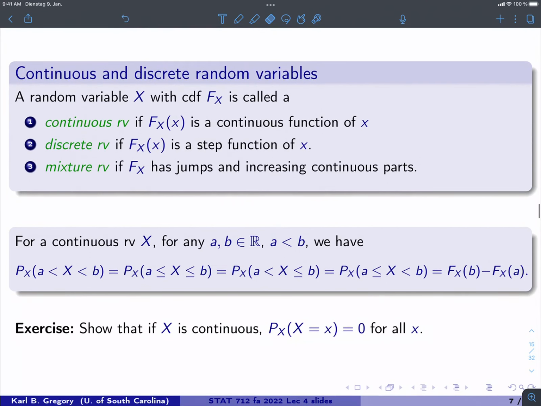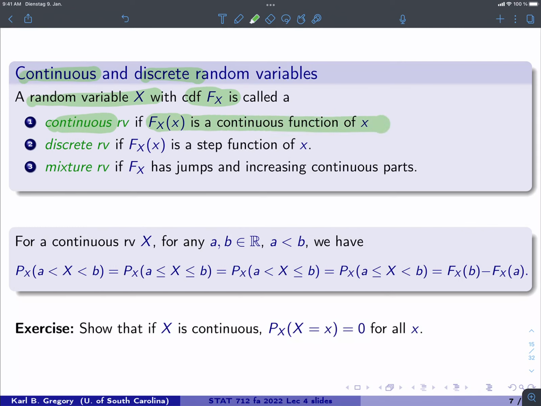So let's look at how the CDF allows us to categorize random variables as either continuous or discrete random variables. So every random variable in the universe has a CDF. And we say that a random variable is continuous if the CDF is a continuous function.